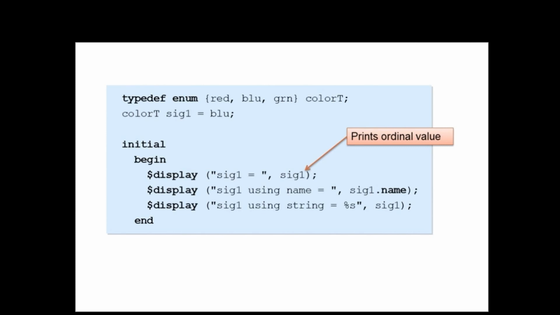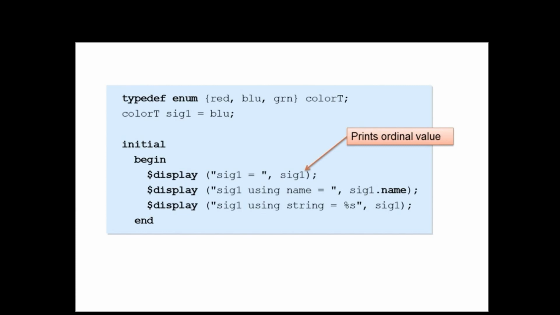print is what's called the ordinal value, because each of these enumerated type values has a number associated with it. So red is 0, blue is 1, and green is 2. If you just print out sig1 like this, you're going to get the ordinal value, effectively the numeric value this value represents, as opposed to what you would like to see, of course, which is the actual enumerated type value.